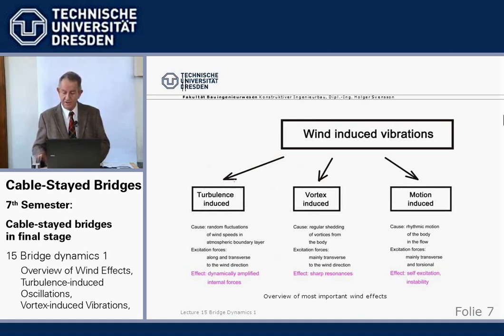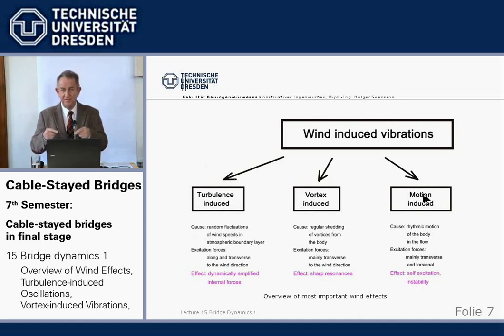And the third, and the really dangerous one, is the motion-induced, where we have the bridge itself, the bridge beam, and the surrounding air working together. They work together as a unit, thereby changing some characteristics of the bridge beam, be it the frequency, be it the damping.